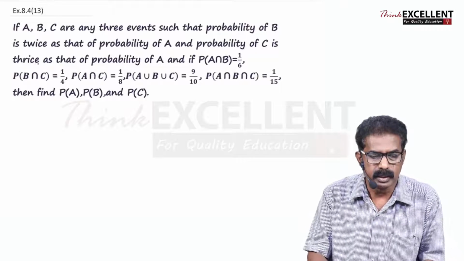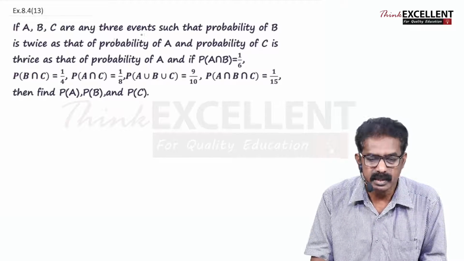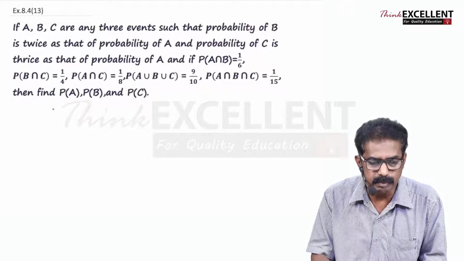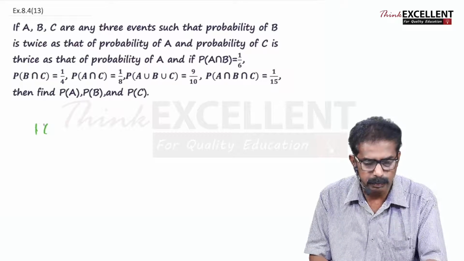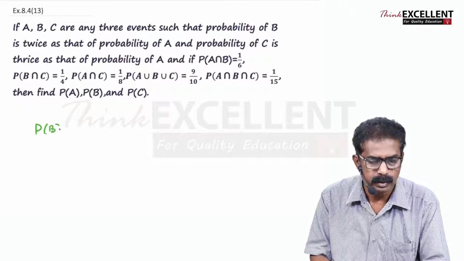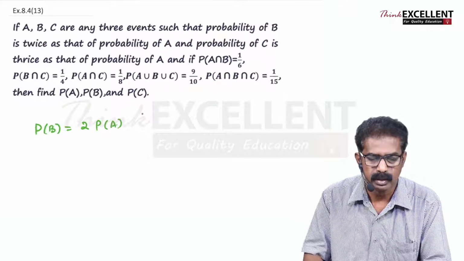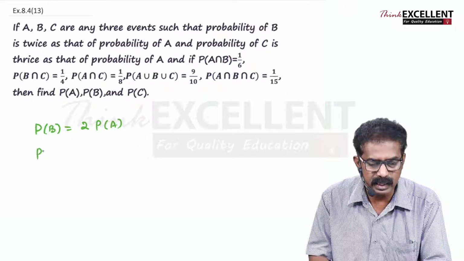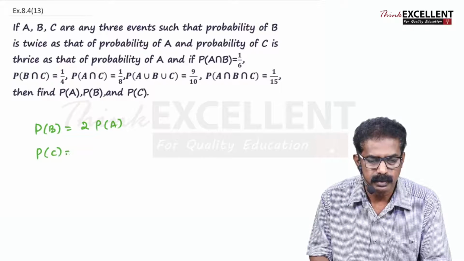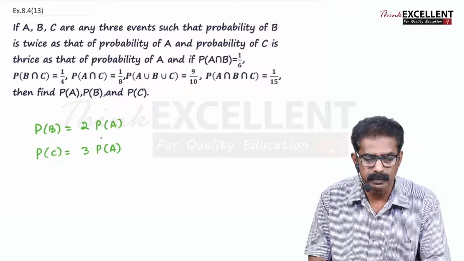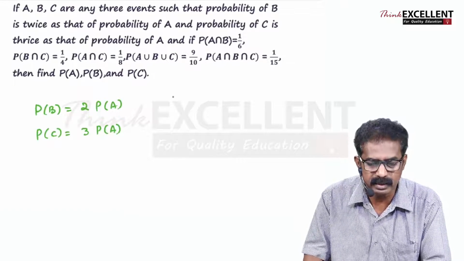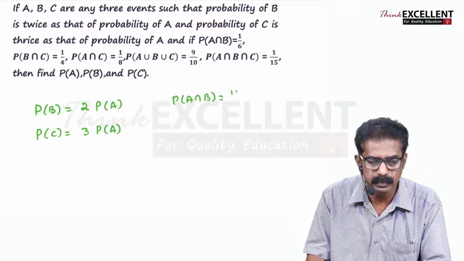Now see question number 13. A, B, C are any three events such that probability of B is twice as probability of A. And probability of C is thrice as that of P of A, 3 times P of A. And P of A intersection B is 1 by 6.